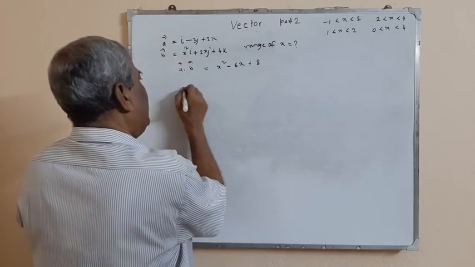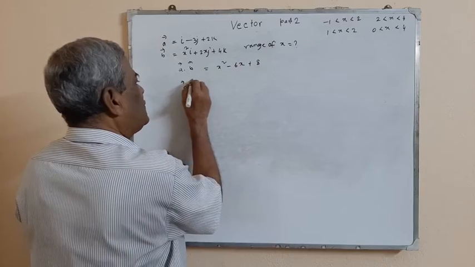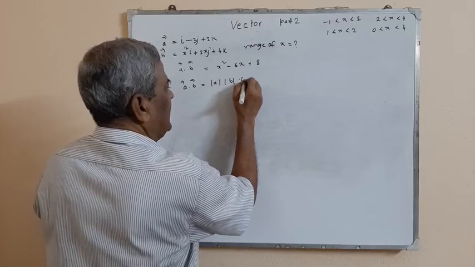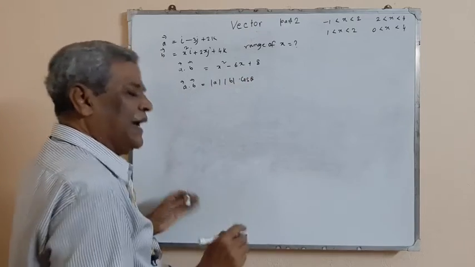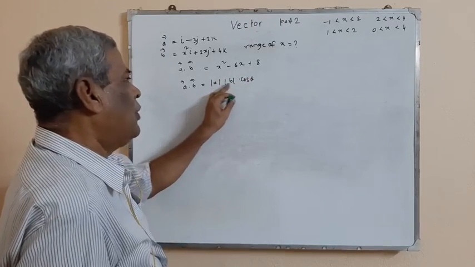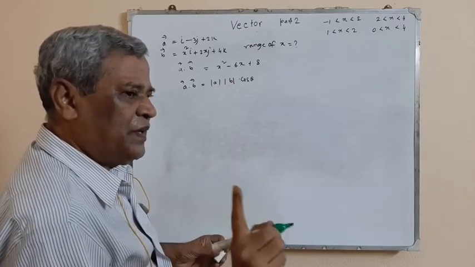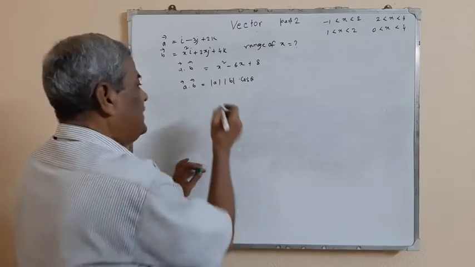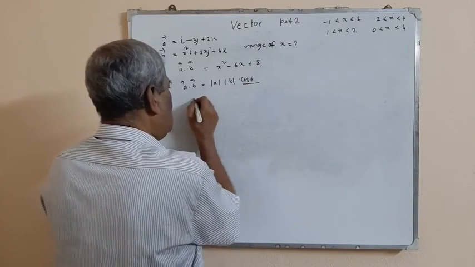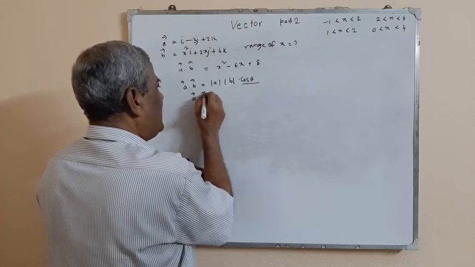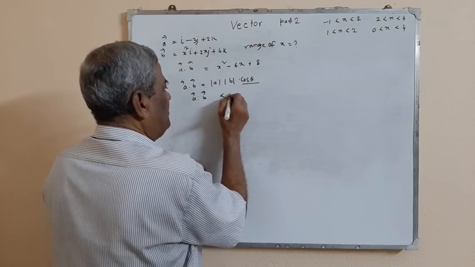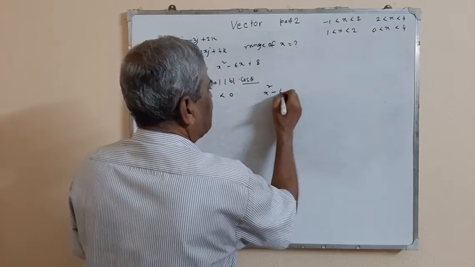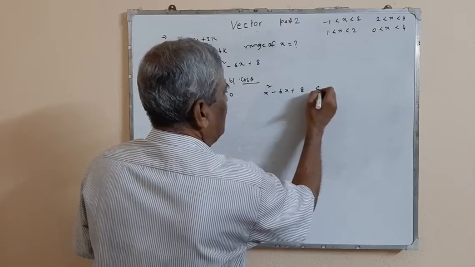Again, A dot B is equal to magnitude A, magnitude B into cos theta. The values of magnitude A and magnitude B must be positive, but cos theta is negative. Therefore, A dot B must be negative. A dot B is x square minus 6x plus 8, which is negative.